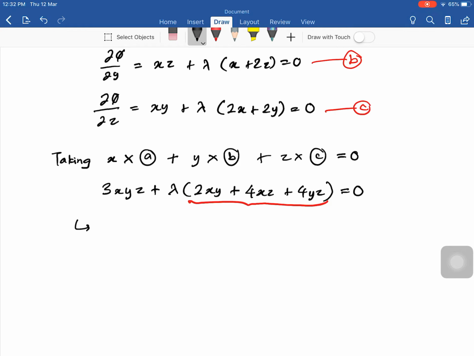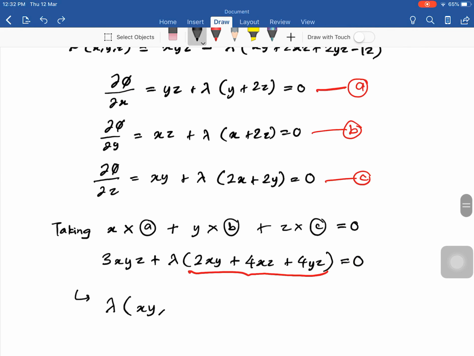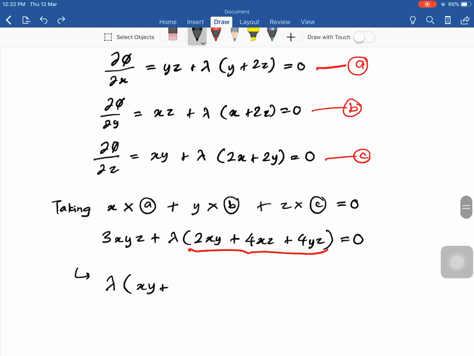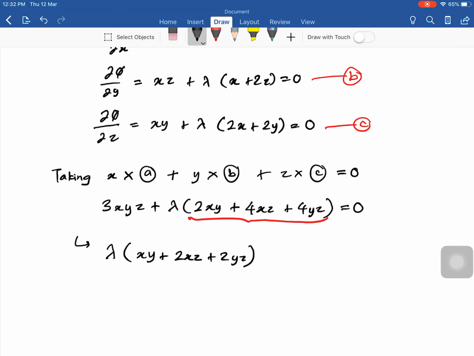So we will have lambda xy plus 2xz plus 2yz, right? And then plus 3 over 2 xyz equal to 0. Alright.